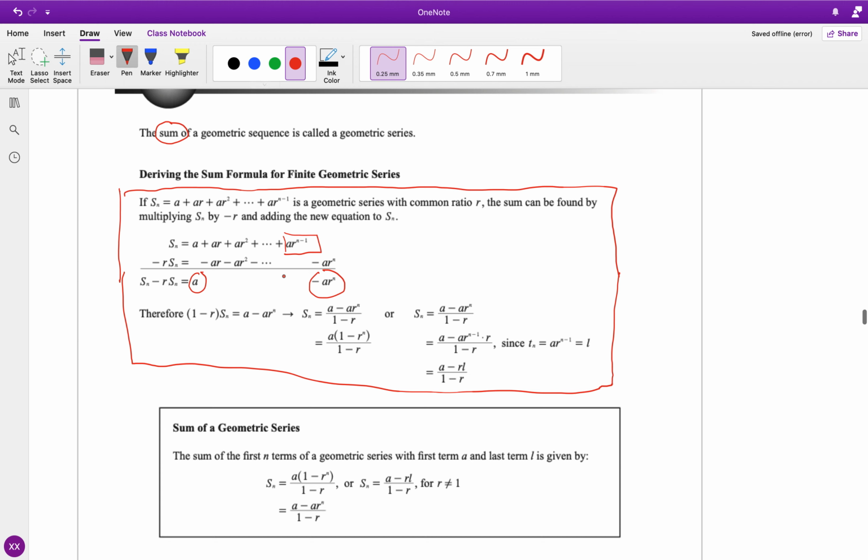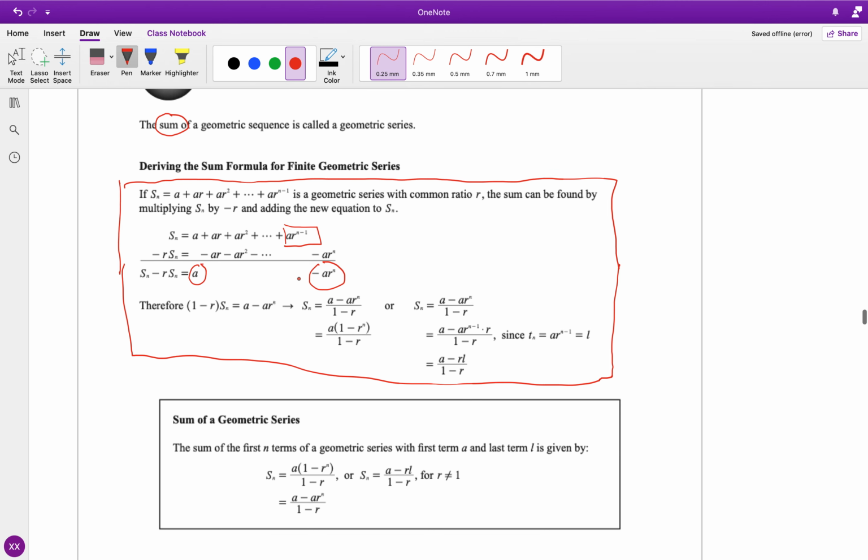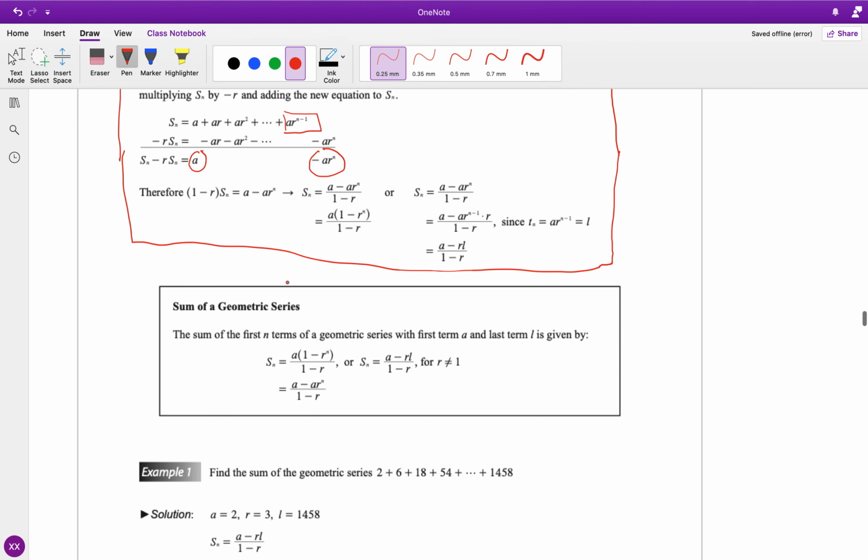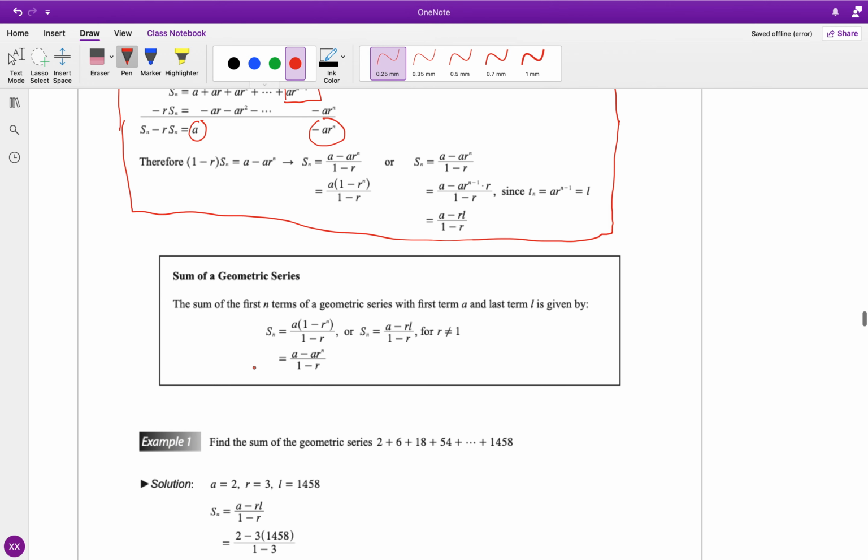So the better you are at this, the more ability you would accumulate for problem solving, using what is called mathematical manipulation.